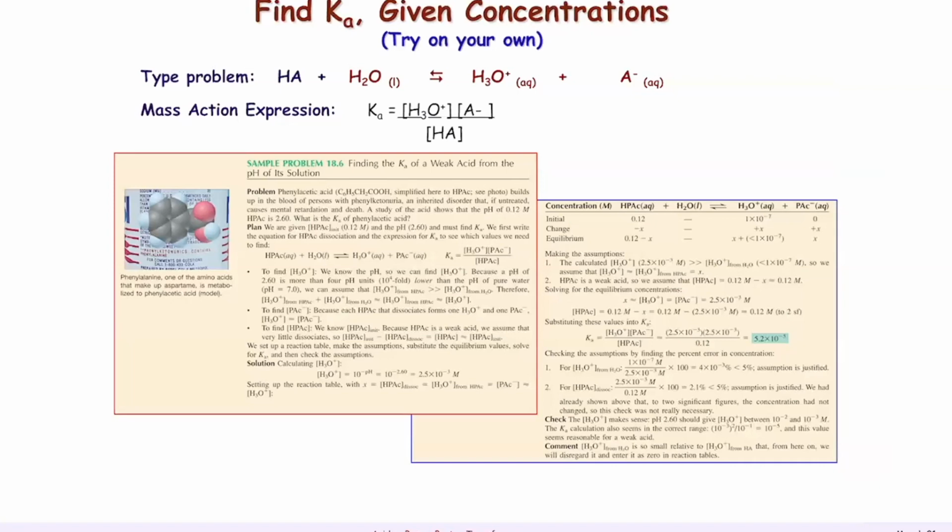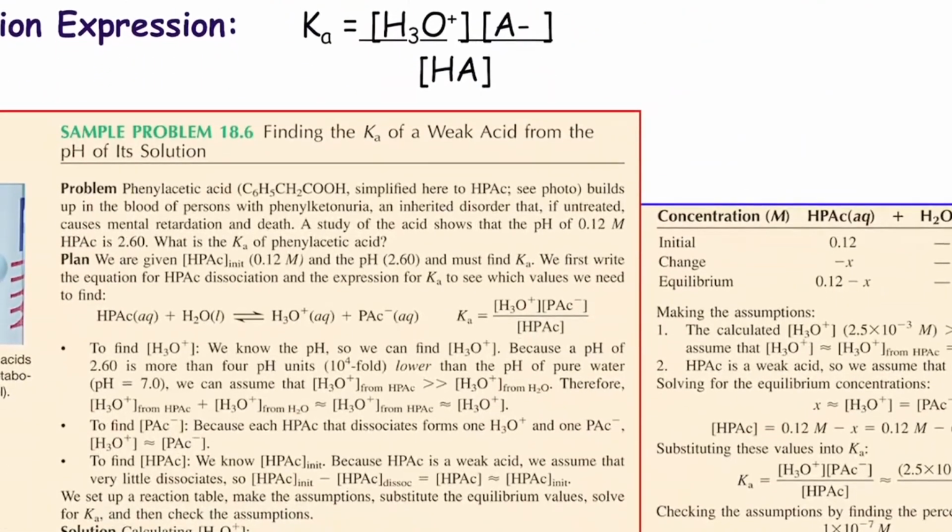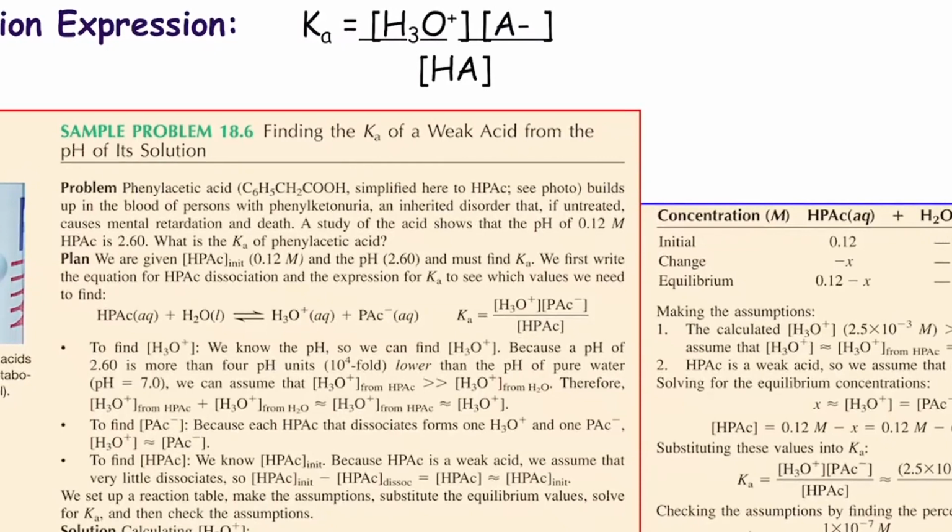Here are some examples again. And let me just show you that this thing really works real quickly. The chemical here is phenylacetic acid, okay? And we have a 0.12 molar solution, and we want to know exactly what is the pH of that particular solution. Well, it's actually calculating the Ka.